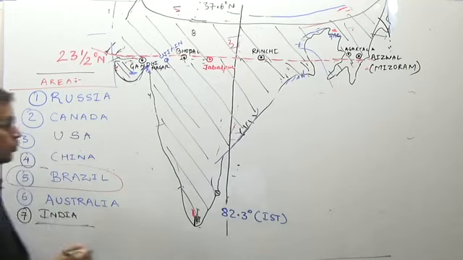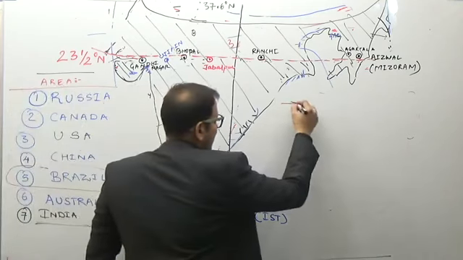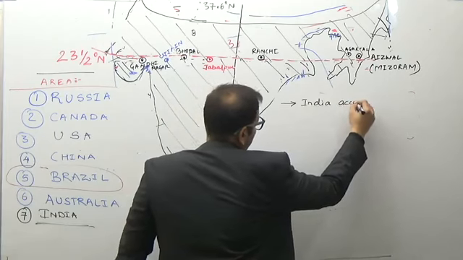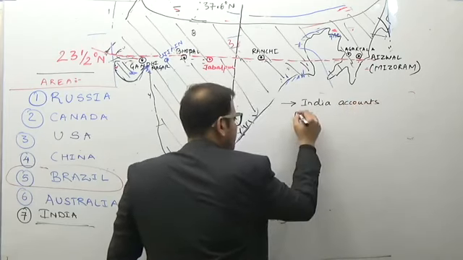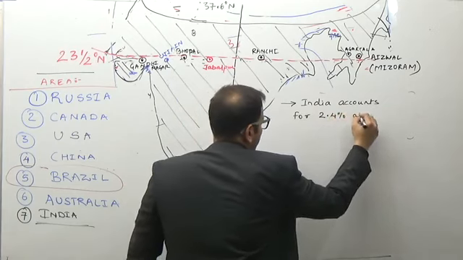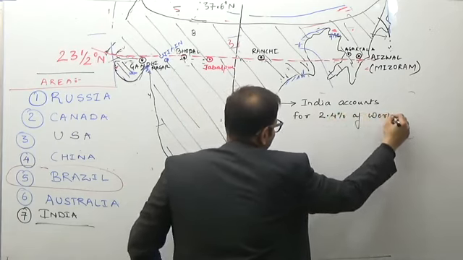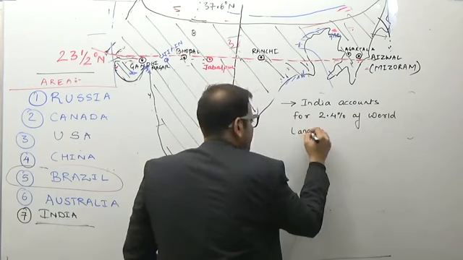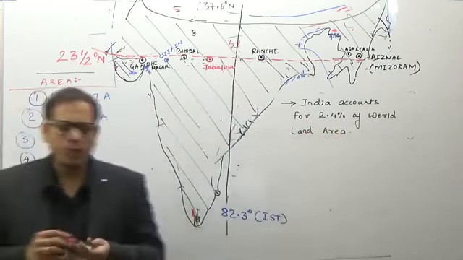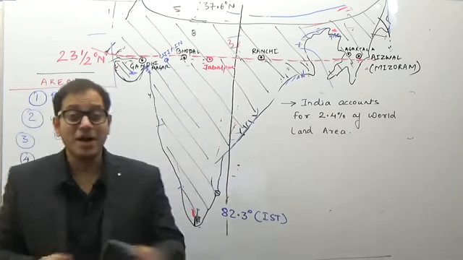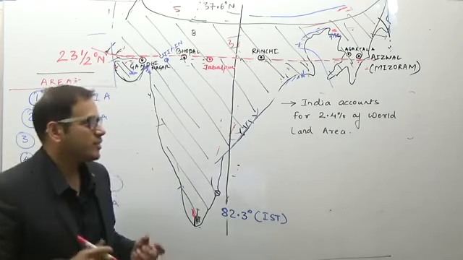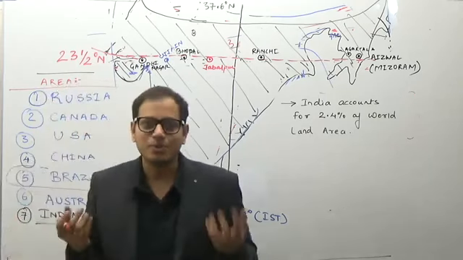accounts for 2.4% of world's land area. So we account for just 2.4% of world's land area, but this 2.4% supports around 16% of world's population.